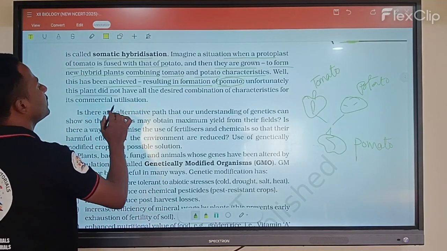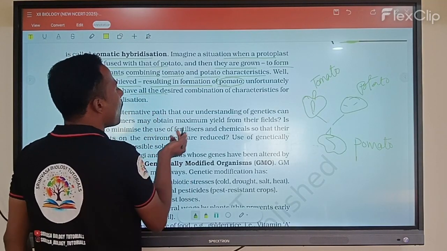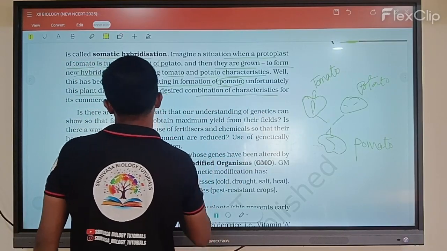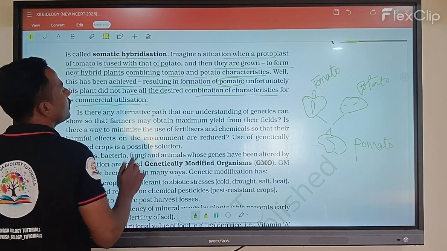Unfortunately, this plant did not have all the desirable characters for commercial utilization.